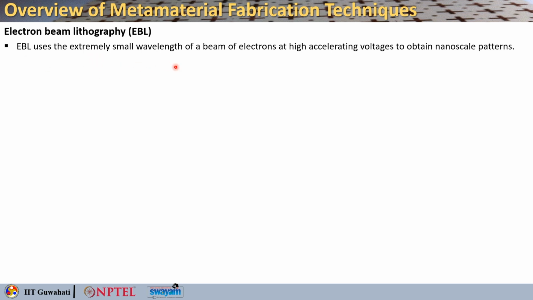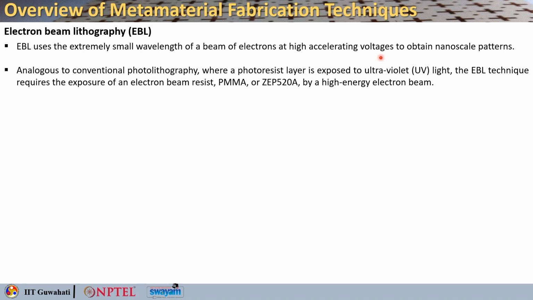It basically uses an extremely small wavelength beam of electrons at high accelerating voltages to obtain nanoscale patterns. Analogous to photolithography, where a photoresist layer is exposed to UV light, in the E-beam lithography technique you expose the electron beam resist PMMA or Dept 520A to a high energy electron beam.